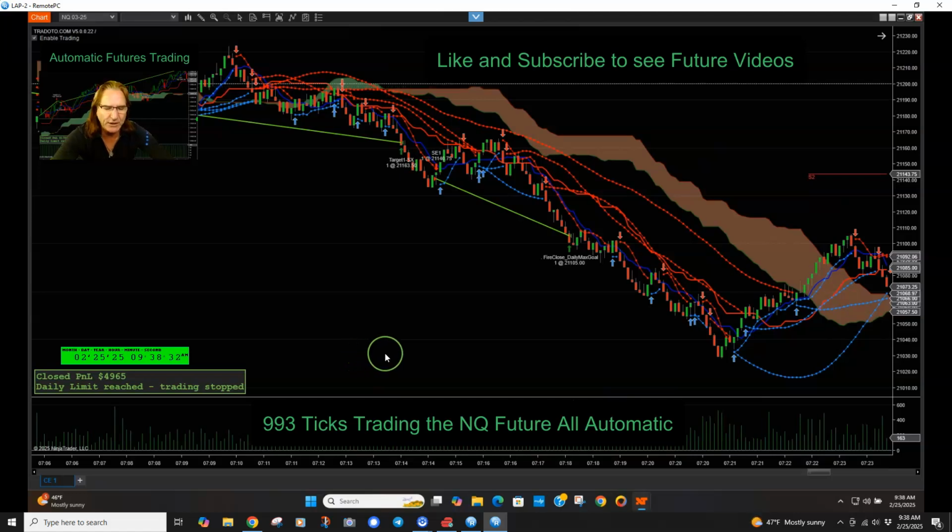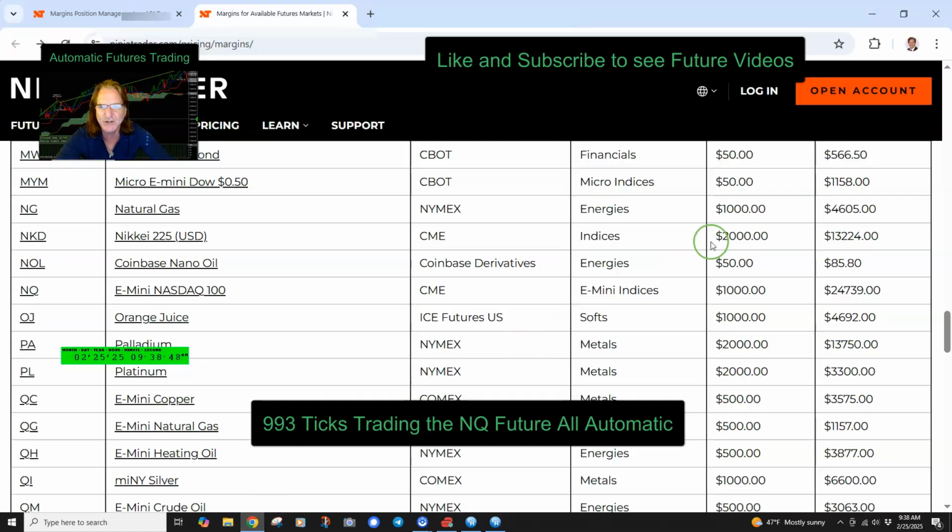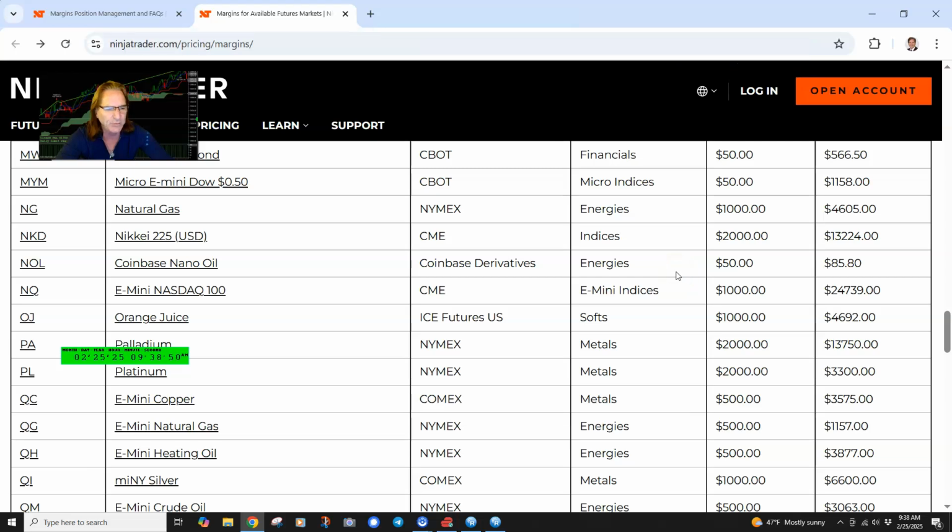So in our case, the amount we need in our account for NinjaTrader for initial margin, every trader should know what initial margin is, first of all, okay? So the way you would go in futures, you go to NinjaTrader. I'm just going to show it to you right here. Here we are.